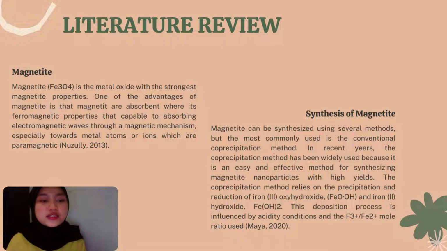Second is the synthesis of magnetite. Magnetite can be synthesized using several methods, but the most commonly used is the conventional co-precipitation method. In recent years, the co-precipitation method has been widely used because it is an easy and effective method for synthesizing magnetite nanoparticles with high yield.